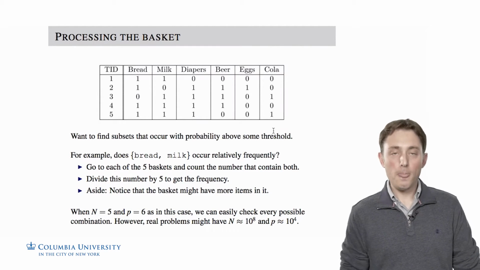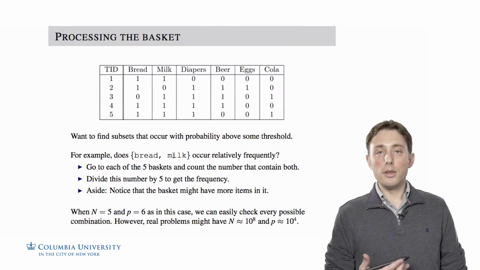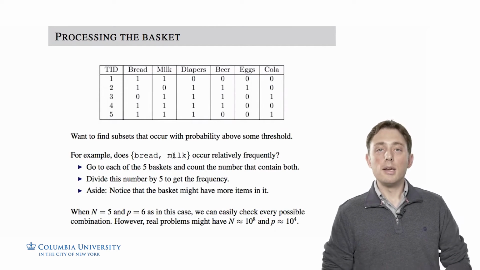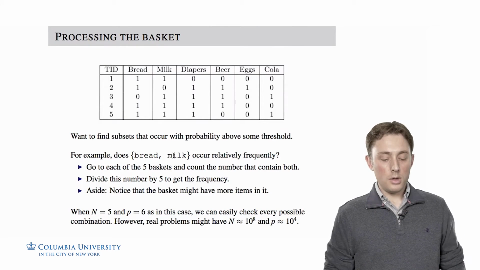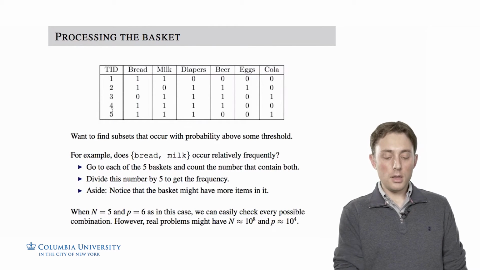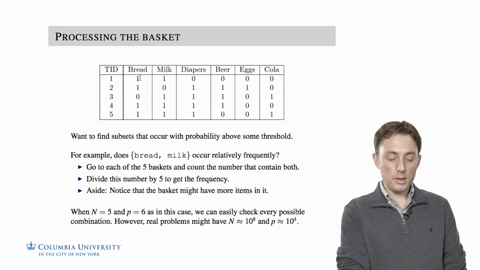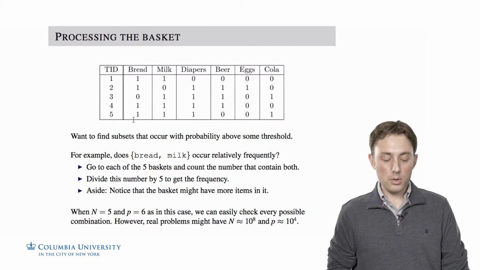So for example, we might ask, do the objects bread and milk occur together relatively frequently in a person's basket? So what do we do? We simply go to each of the 5 baskets and we count the number of times that bread and milk co-occurred in both. So we have 1 time here, a 2nd time, and a 3rd time. So 3 out of the 5 baskets contain both bread and milk.